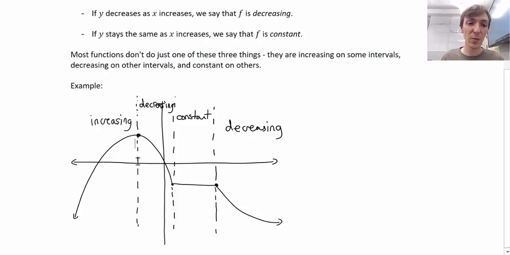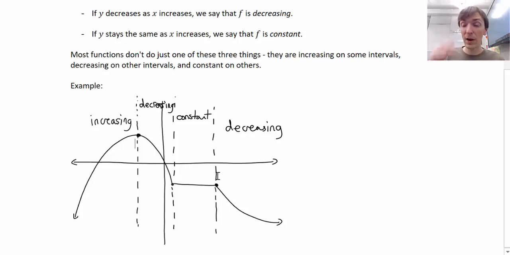Then at this particular point, at this little peak of the mountain here, the function starts to decrease, which means as I increase x, y is going down. In this third interval here, it looks like as I increase x, y is perfectly constant, or at least that's the intention. It's supposed to be perfectly flat right there. So in that case, we say that the function is constant. And then in this last interval, the function starts decreasing again.